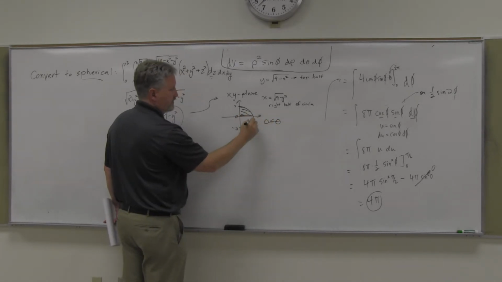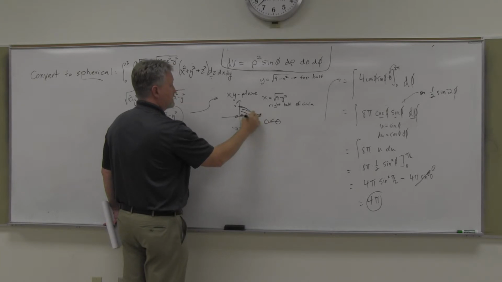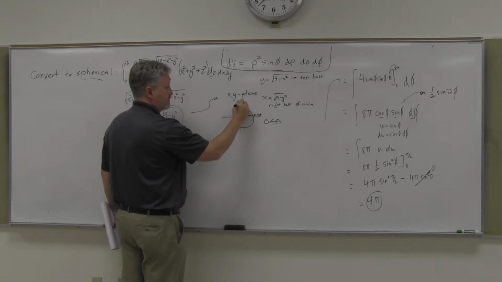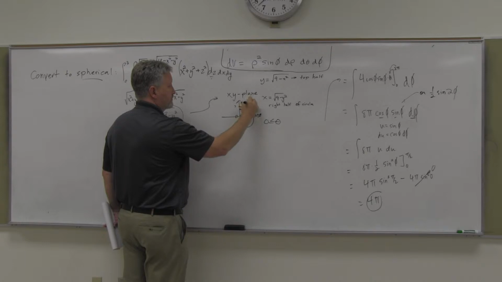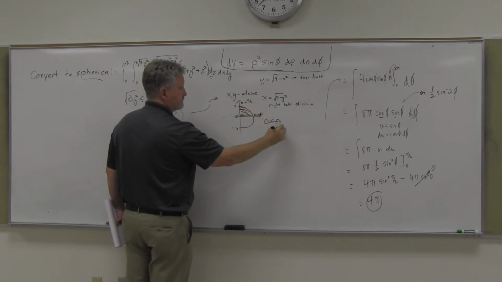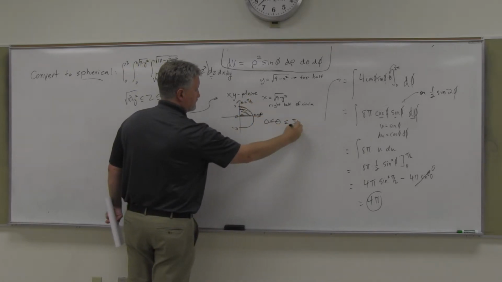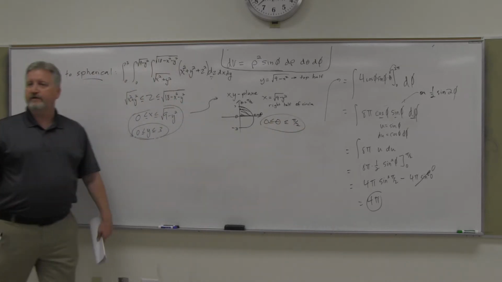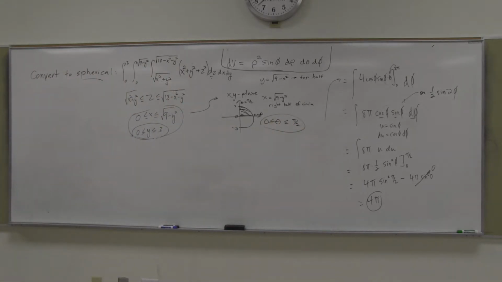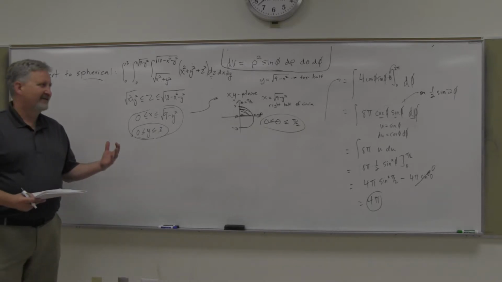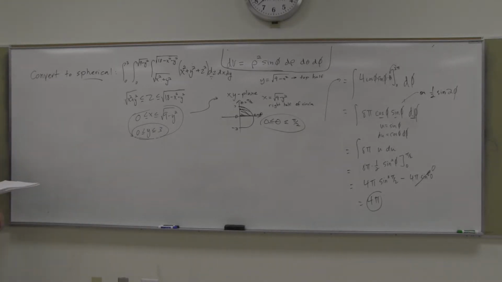That would be theta equals 0 to this angle here, which is pi over 2, right? You ever get that? So in spherical, we're going to go theta 0 to pi over 2.